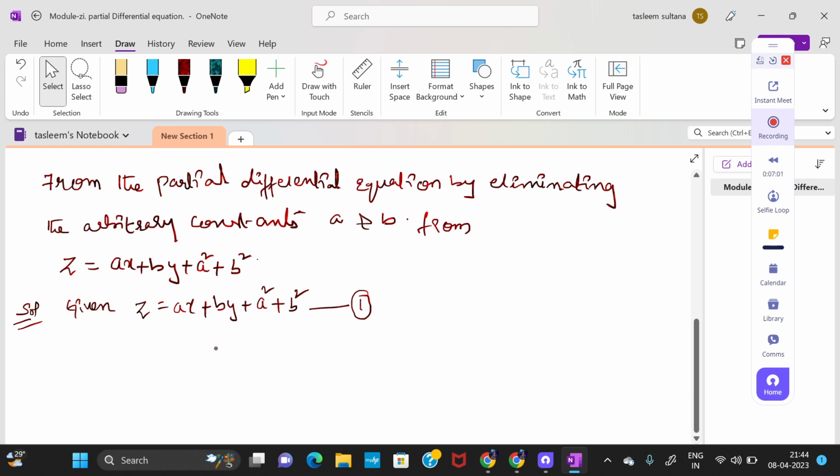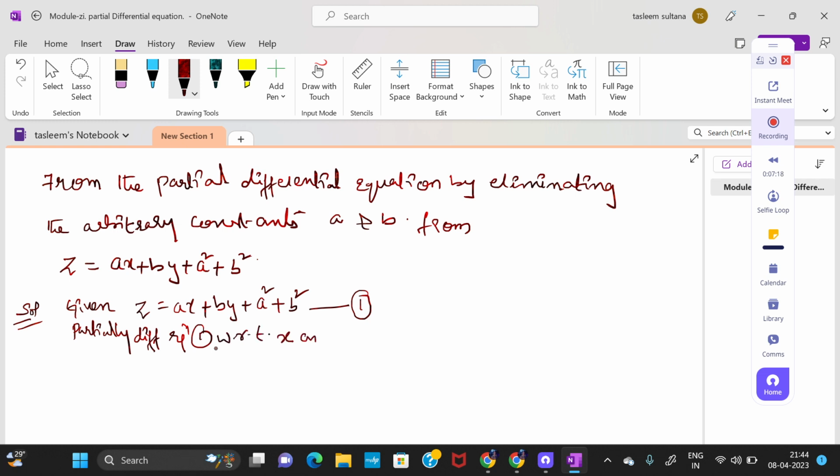Let's see what happens. Partially differentiating equation 1 with respect to x and y. First, with respect to x.